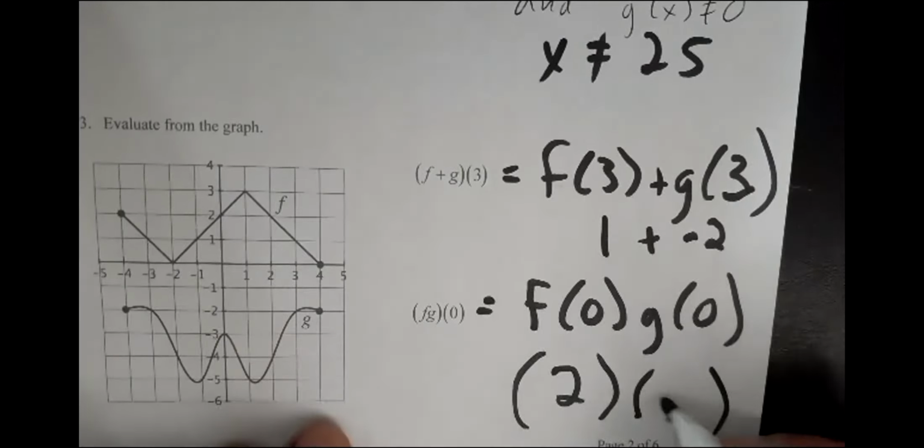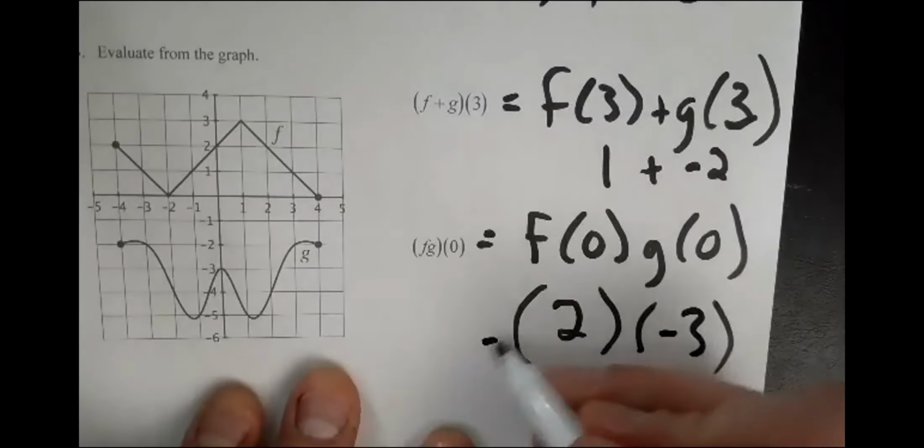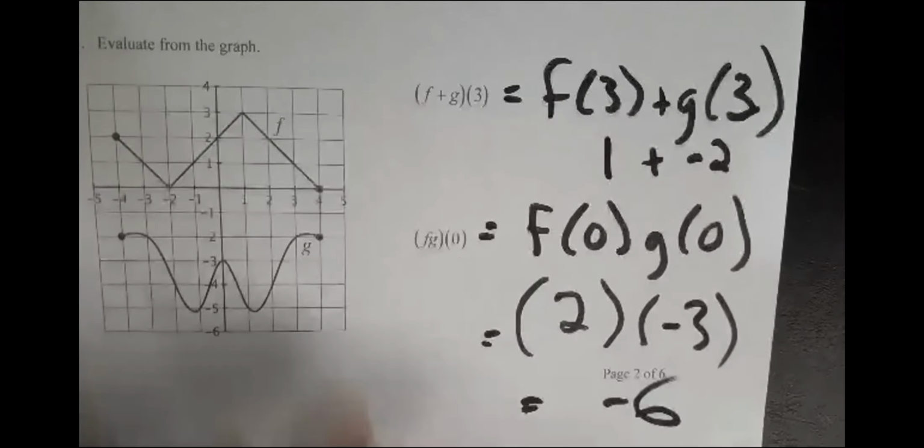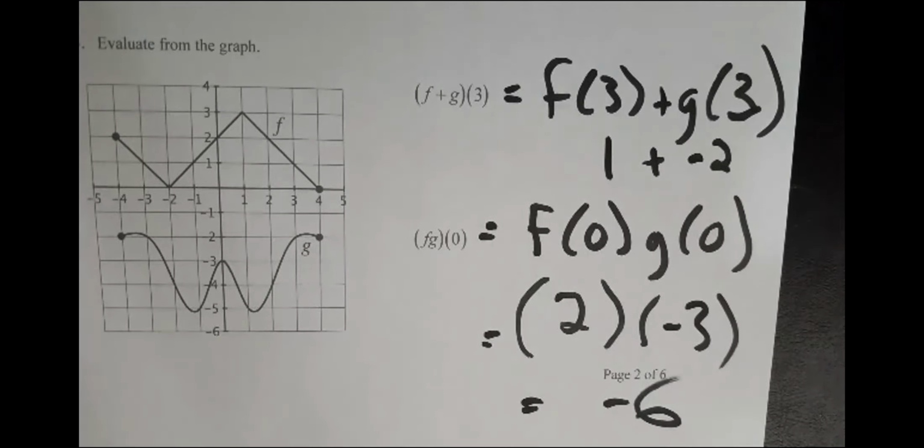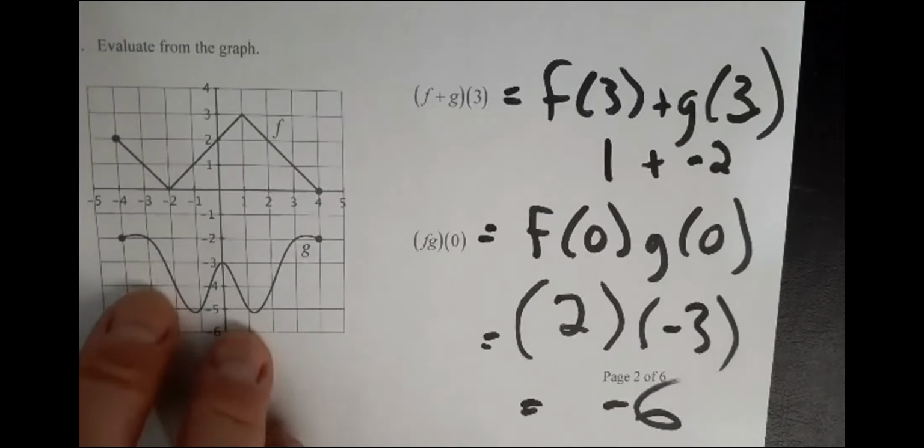My g function is a minus 3. If I do 2 times a minus 3, this is going to be minus 6. Okay. So f times g of 0 is minus 6.